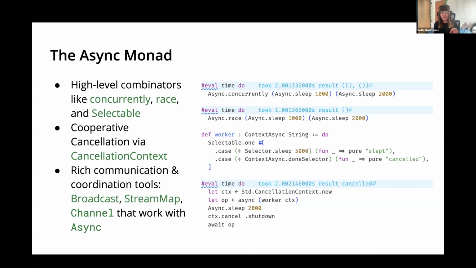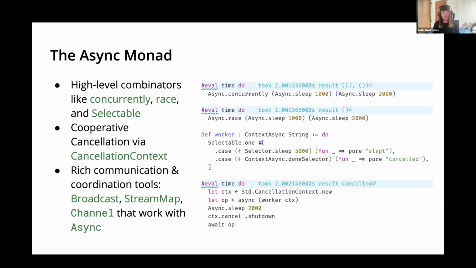And in the last eval, we create a new cancellation context. We run the worker asynchronously. We wait 2 seconds. We cancel this context, and then we await the result of the async operation. And then we get that it took 2 seconds. So it had to wait 2 seconds to cancel the worker, and then we have it as cancelled.